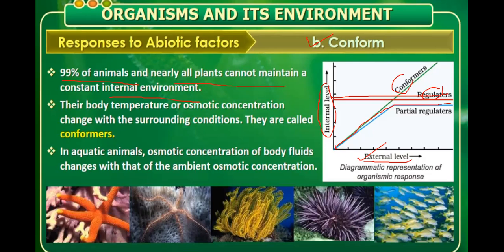If the external level is going up, the internal goes up. That is called conformer. Conformers' body temperature or osmotic concentration changes with the surrounding condition. In aquatic animals, the osmotic concentration of body fluid changes with that of the ambient osmotic concentration.